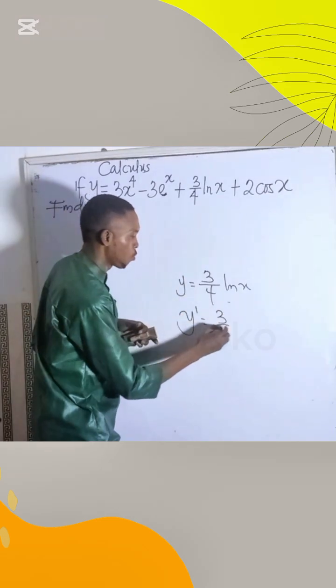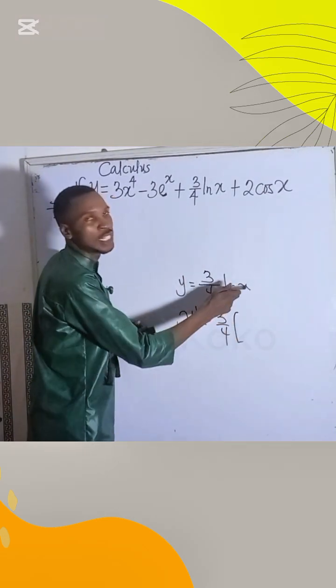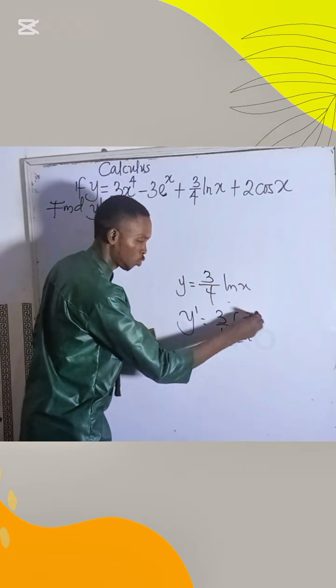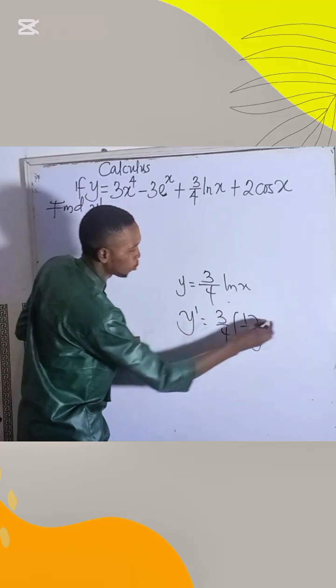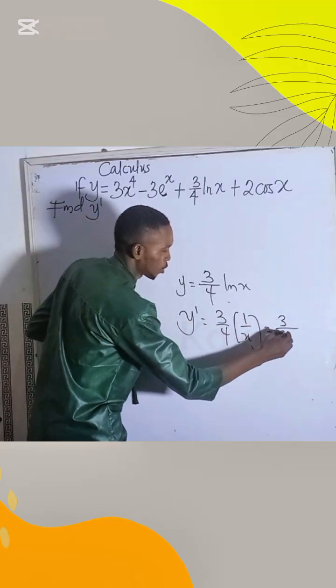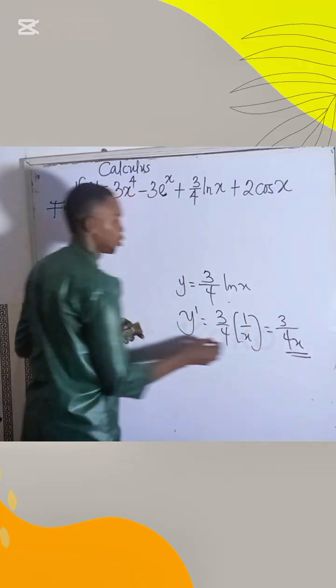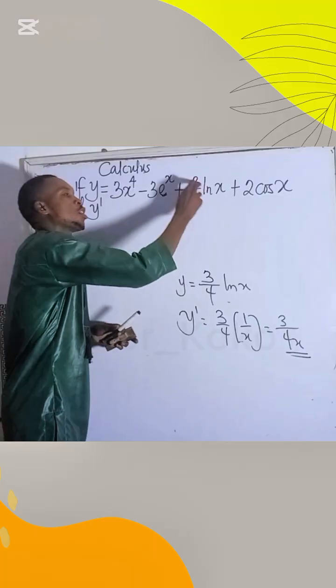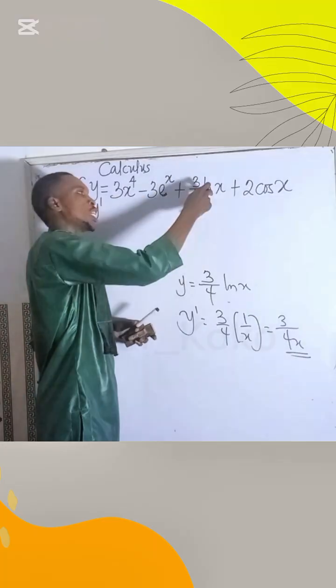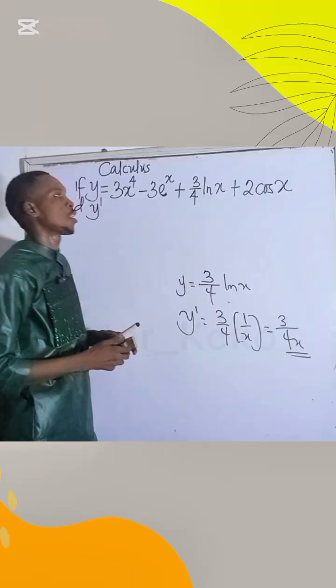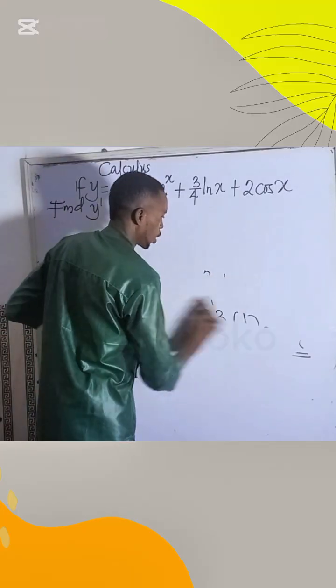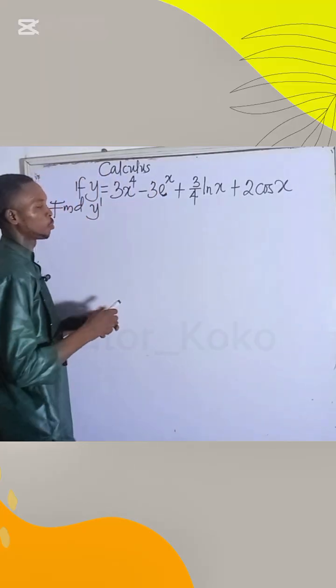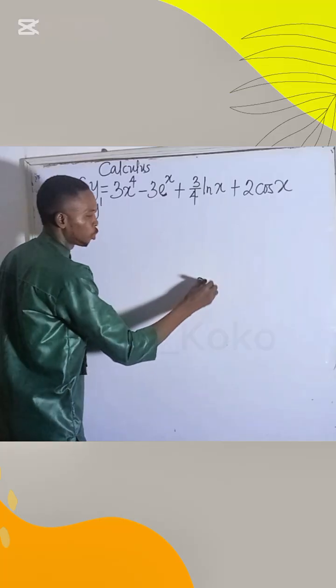That's 3 over 4 multiplied by ln x, which is 1 over x, right? So you multiply 3 times 1, 3. 4 times x, that's 4x. So the answer to this one is 3 divided by 4x, because the derivative of ln x is 1 over x.